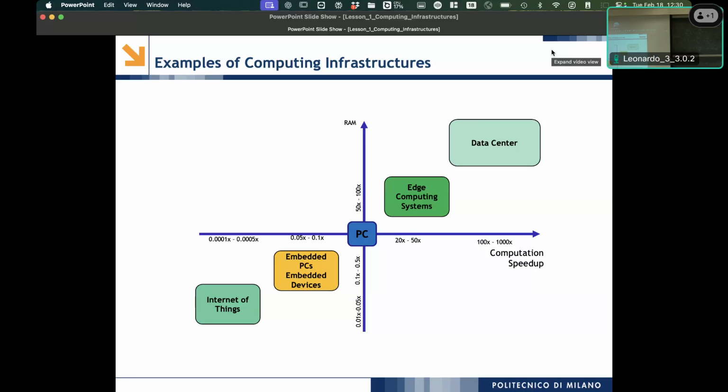First element, infrastructure. So this means hardware kind of things. However, hardware alone is nothing, right?